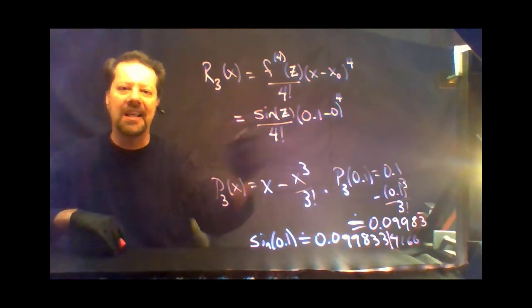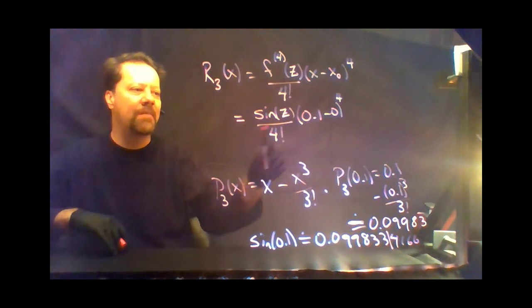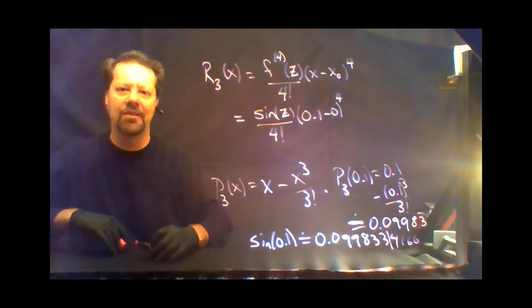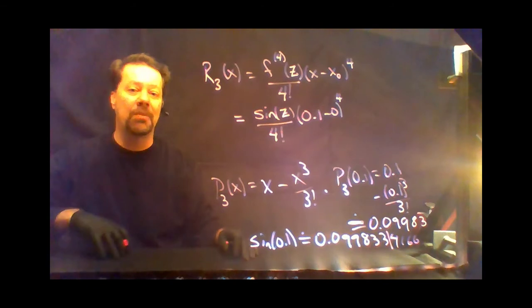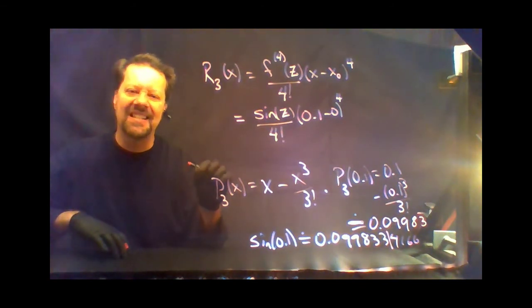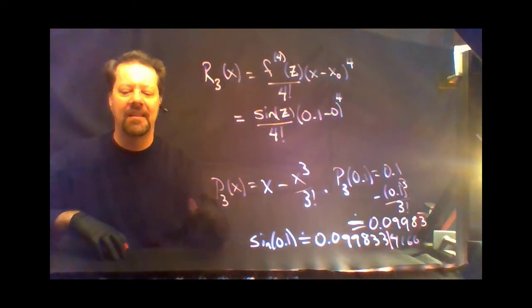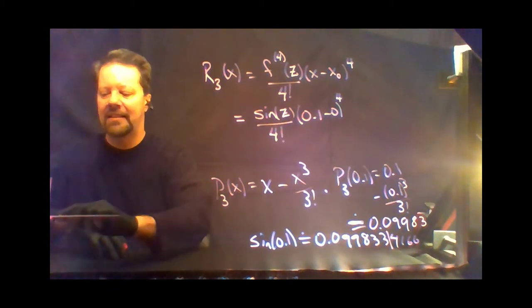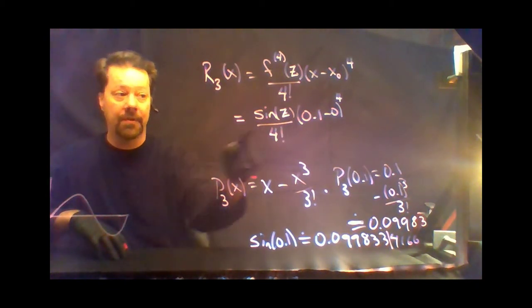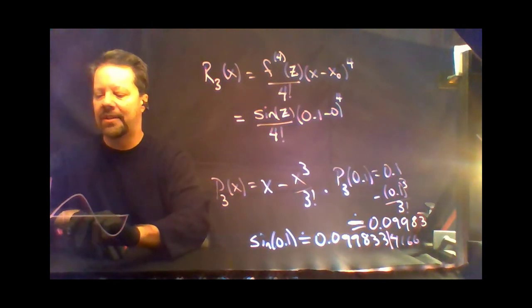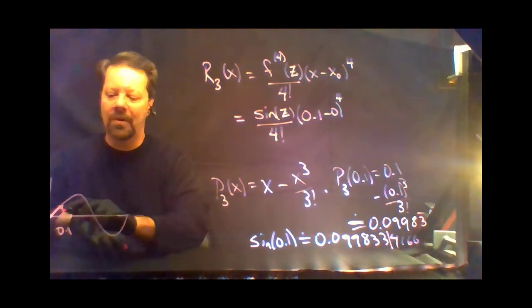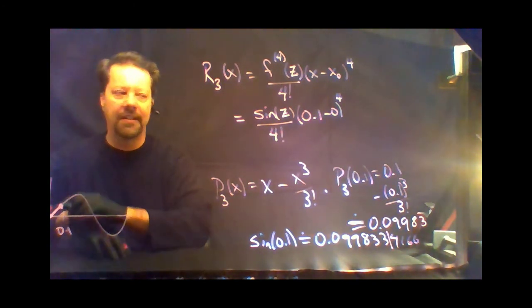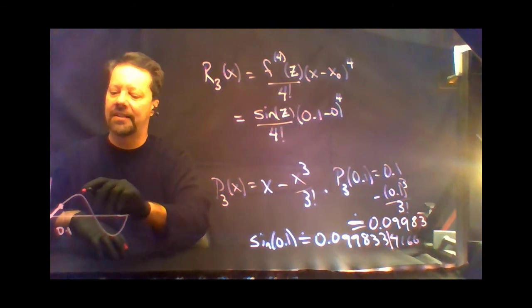But what about this z? Z is only known to be between 0 and 0.1. The thing about Taylor's theorem is it doesn't tell you where that z is exactly. In fact, it's a total mystery. It just guarantees the existence of that point. What we need to look at is the fourth order derivative, sine, between 0 and 0.1. It is no more than the value of the sine function there. Sine is increasing on that interval.